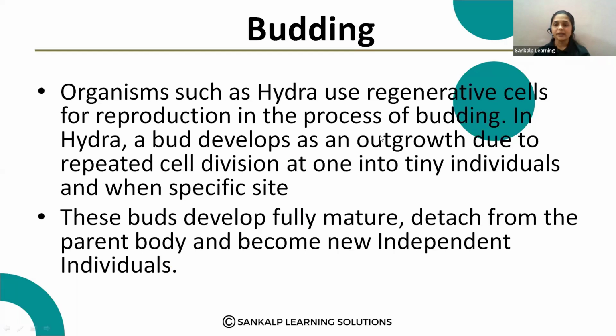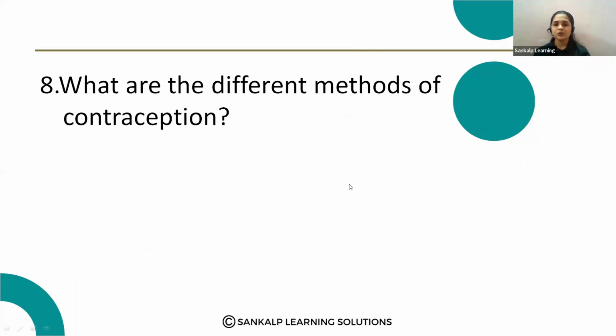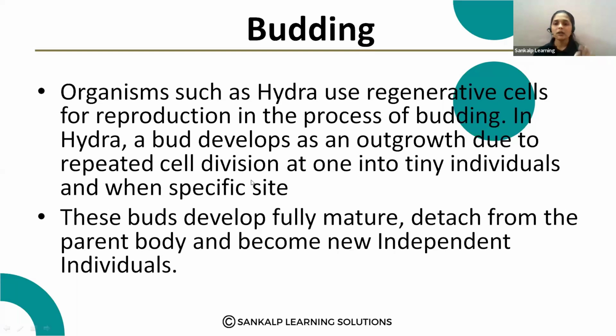In the process of budding in hydra, a bud develops as an outgrowth due to repeated cell division, a tiny individual formed at a specific site of the hydra. When that bud matures, it detaches from the parent body and becomes a new independent individual. So that is about budding.